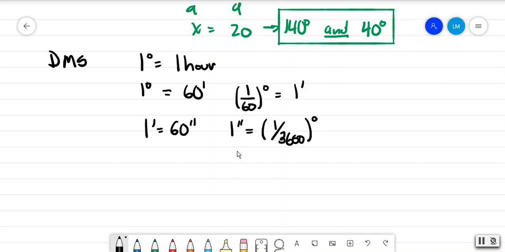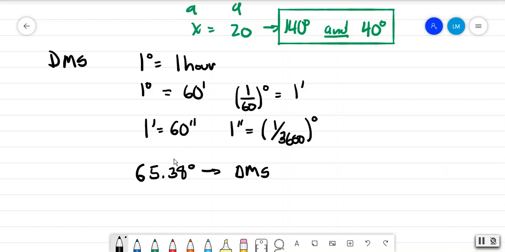So in that case, we have our conversions for writing from degrees to degrees, minutes, and seconds. For instance, I can take an angle measure like 65.38 degrees and convert that to degrees, minutes, and seconds.